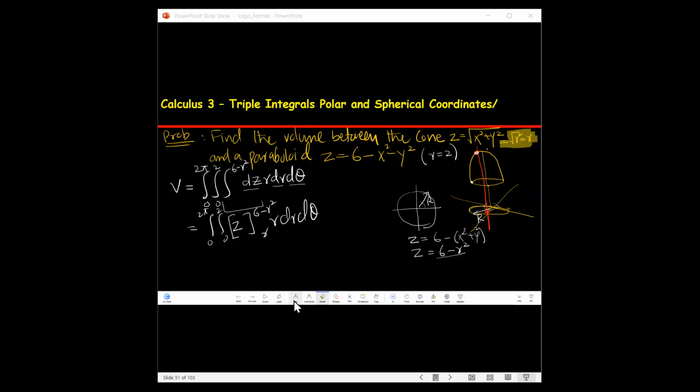So I should be saying this is r. Now let's simplify this. Probably we need to go to the second slide to finish this problem. And 6 minus r square, r dr d theta. Okay, let's go to the next slide.